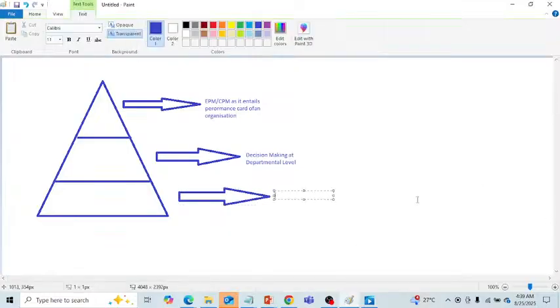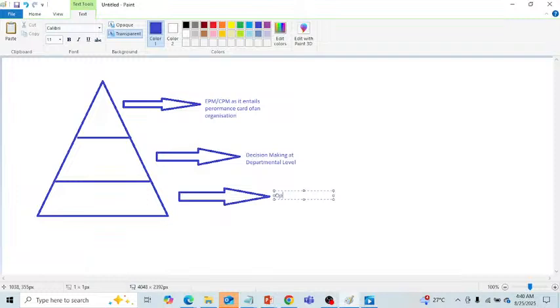Let me write it so everyone can make notes also. If you want to take notes, you can pause the video and write the notes, because when you write notes or make diagrams while watching videos, it will absolutely go to your mind and the concepts will be clearer to you.